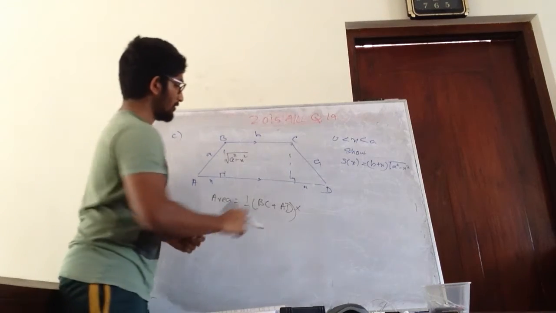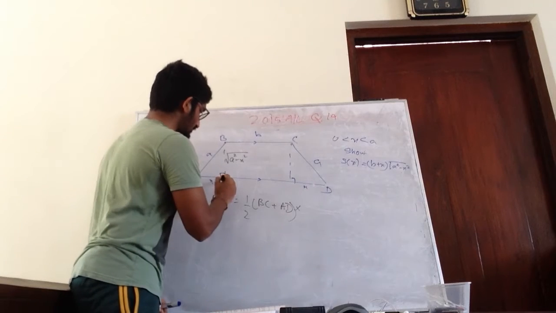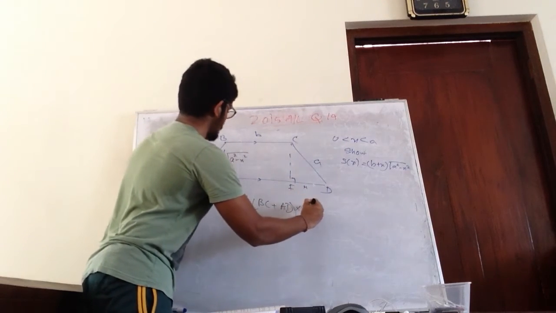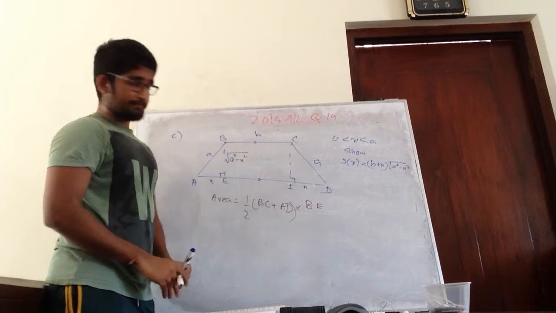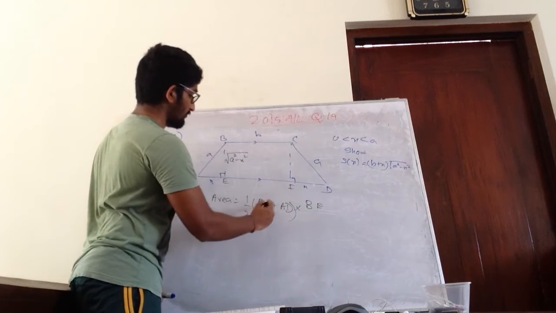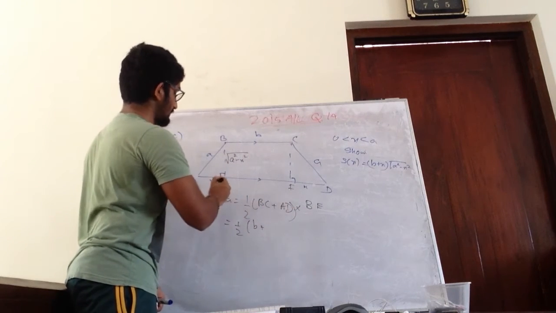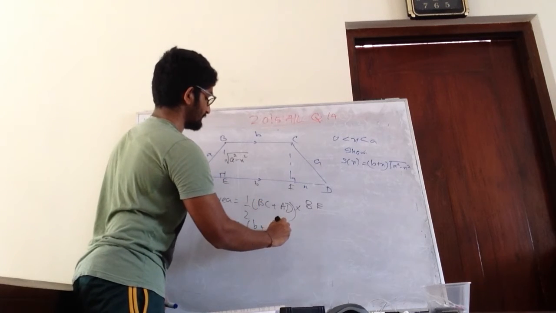So let me name these points: this is E, this is F. So it's going to be half times BC plus AD. What is BC? That's going to be b. What is AD? AD is 2x plus b.